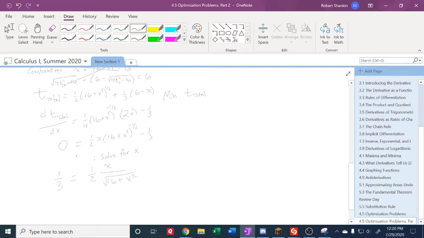Let's cross multiply. So I'm going to get 3x equals 2 square root of 16 plus x squared. I'm going to square both sides.